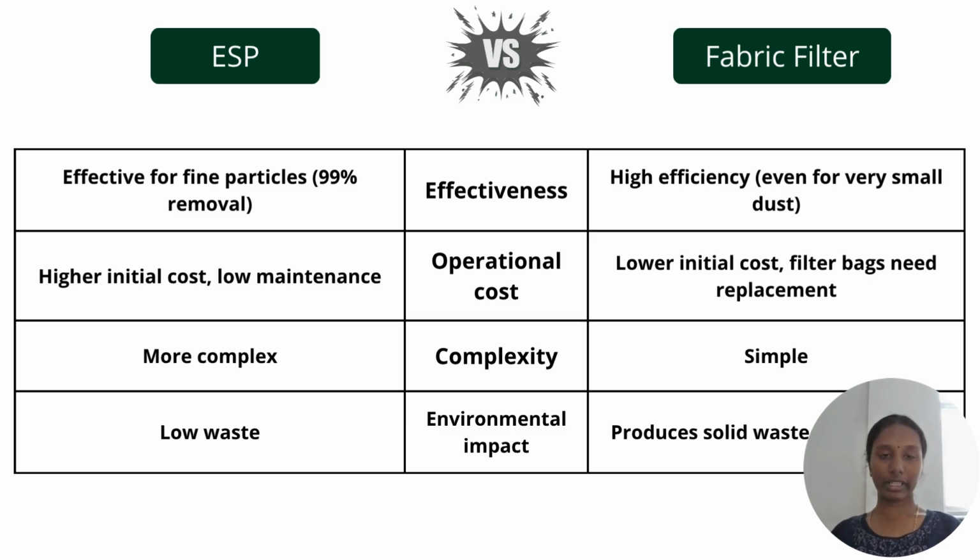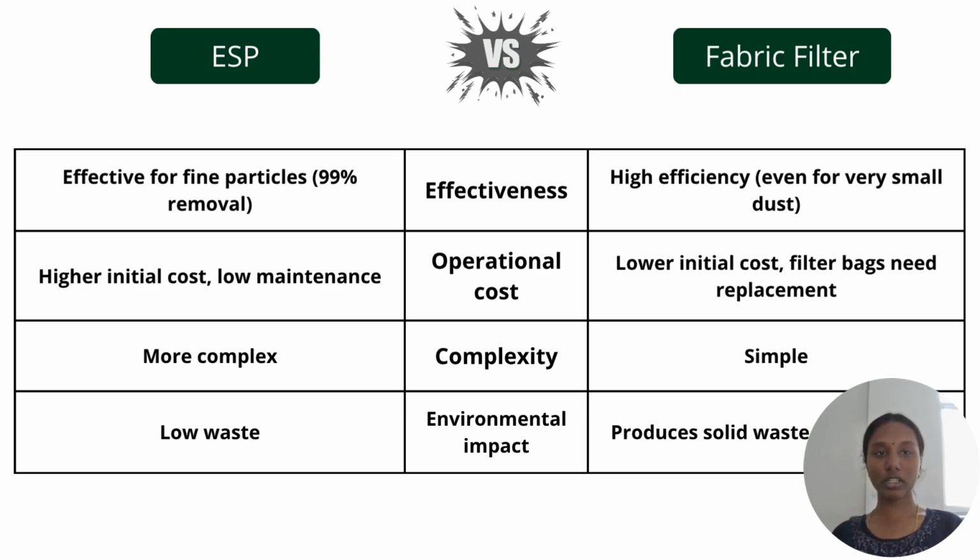ESP is very effective in removing fine particles with up to 99% removal even for microscopic dust. But fabric filter, known as baghouse, is also highly efficient and in some cases can remove nearly all particles larger than 1 micron. Here, both are effective, but ESP performs better in high temperature and high volume gas flow conditions.